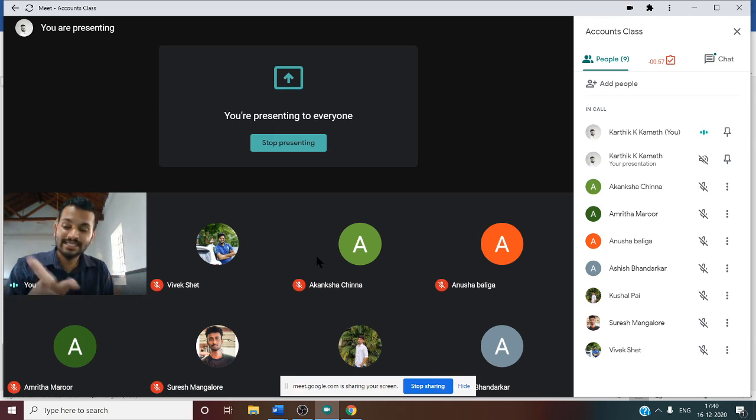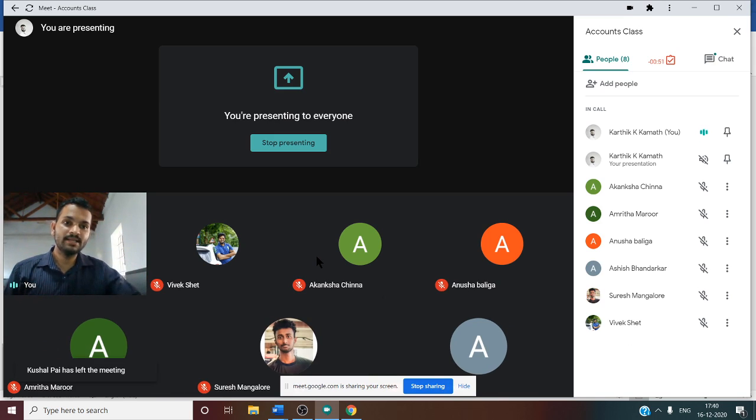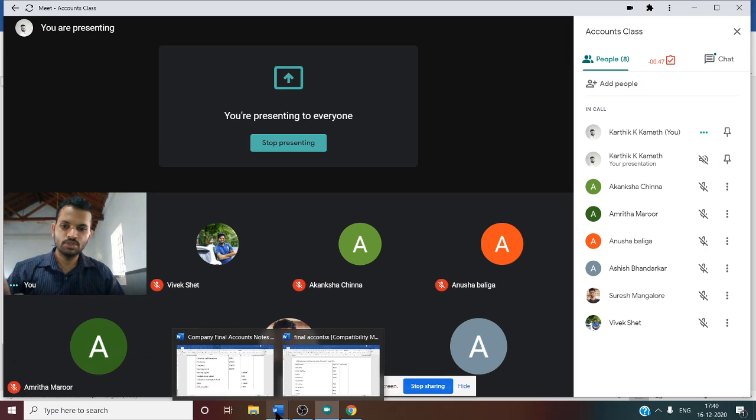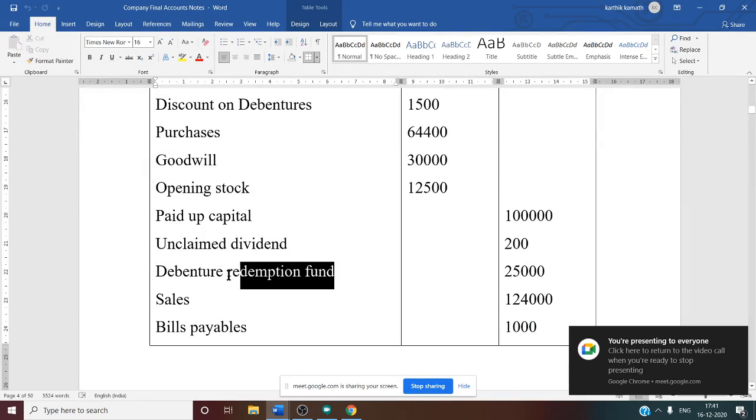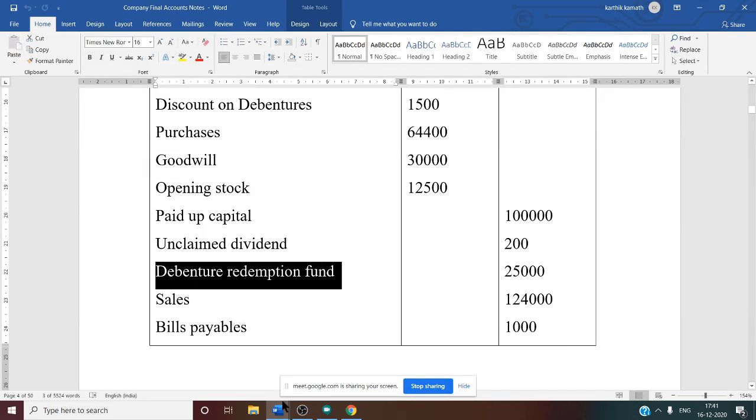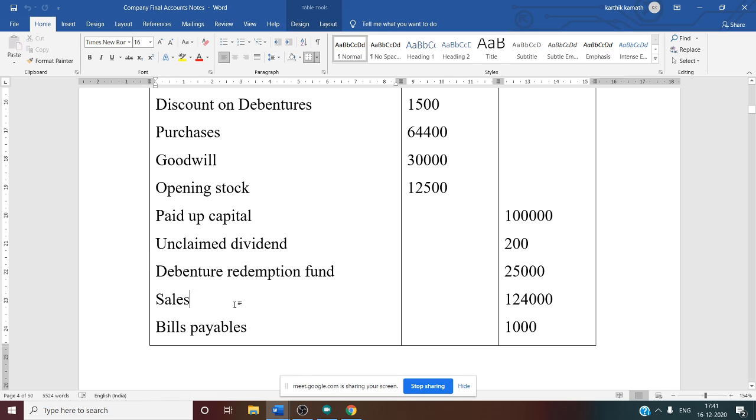So it is a current liability and we have to show it under other current liability, working note number 9 in the balance sheet. Then debenture redemption fund. Fund, you know, is under reserves and surplus. Debenture redemption fund, working note number 2, under reserves and surplus.